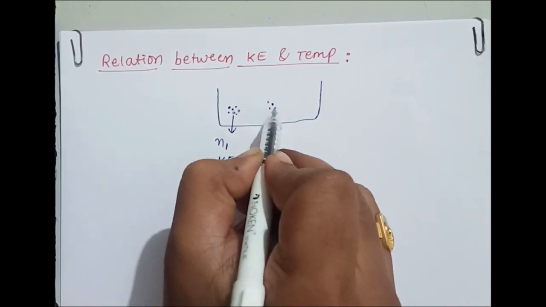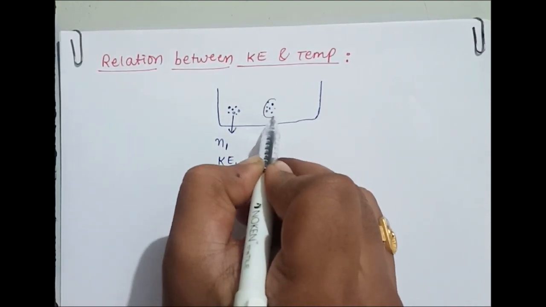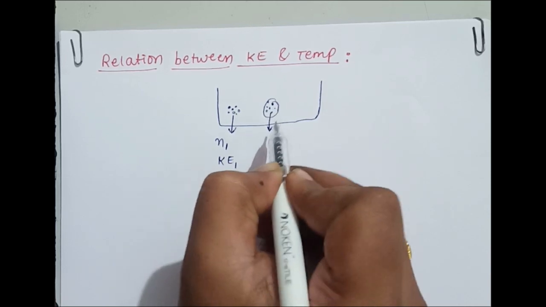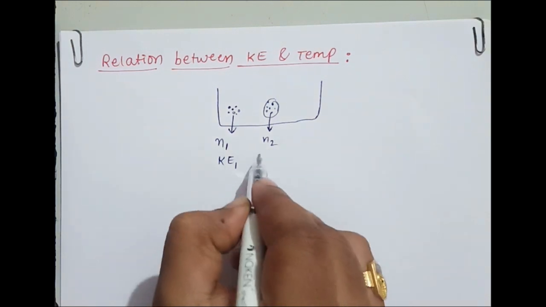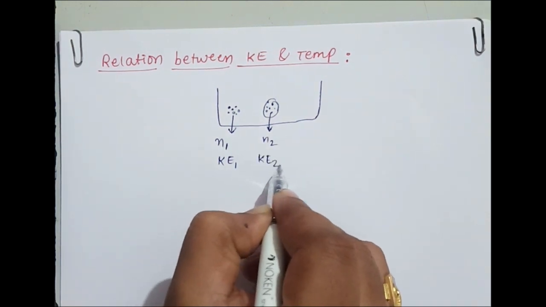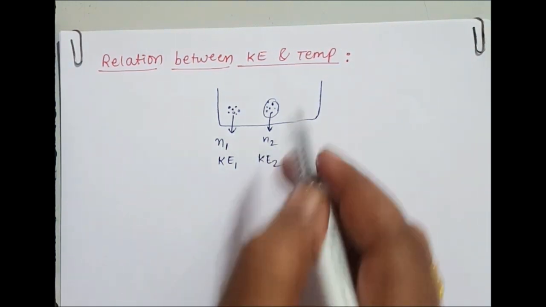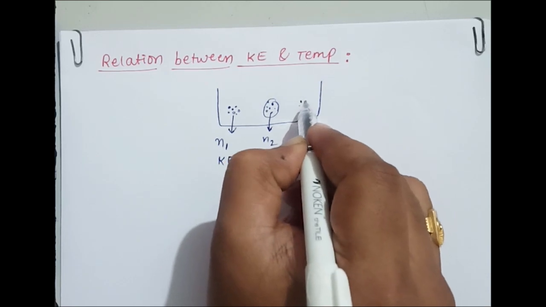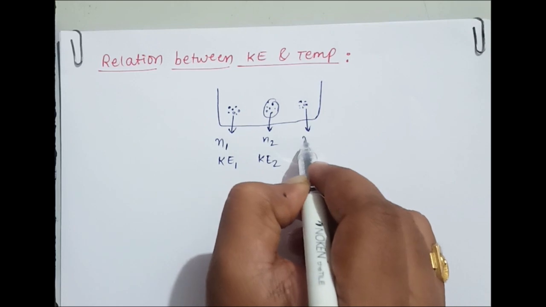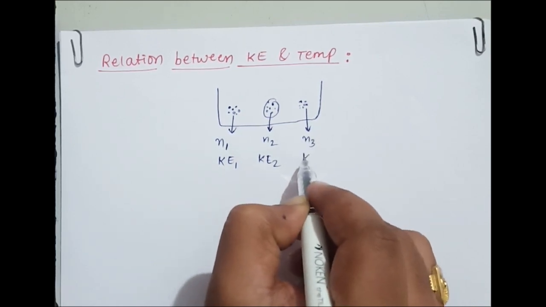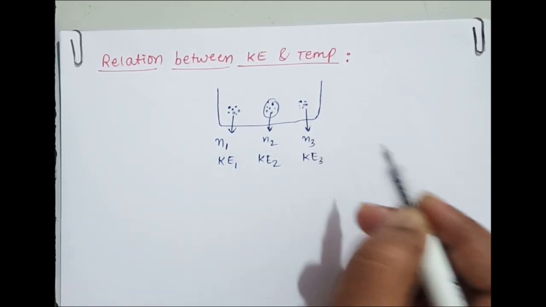There may be another bunch of molecules, let us say the number of molecules is n2 and the kinetic energy is KE2. And there may be another bunch of molecules, the total number of molecules is n3, and the kinetic energy is KE3, right?